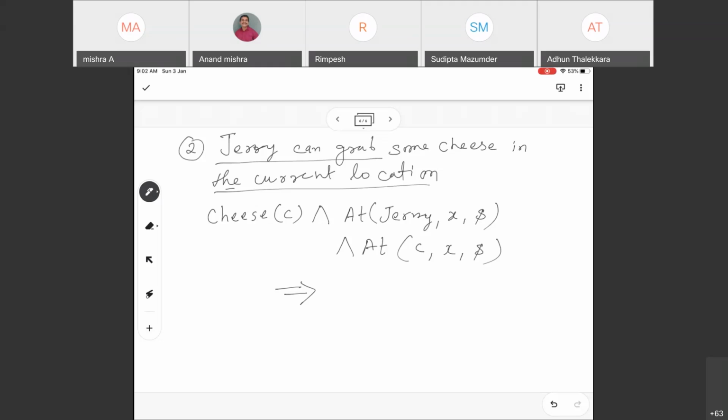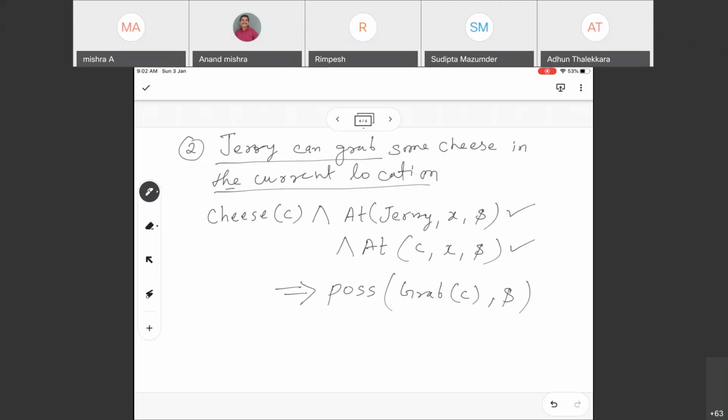So if Jerry is at location X and cheese is at location X, then there is a possibility of grabbing C in situation S.